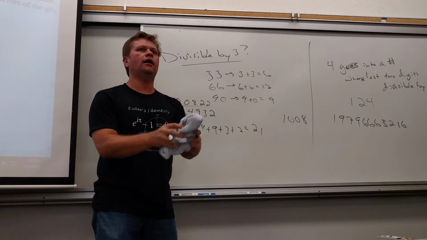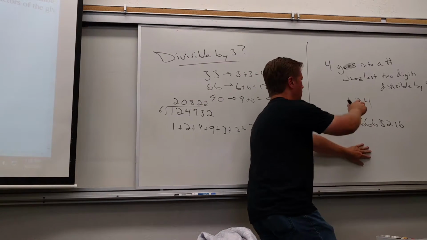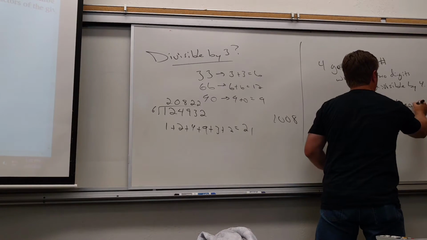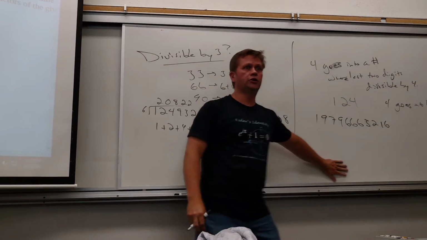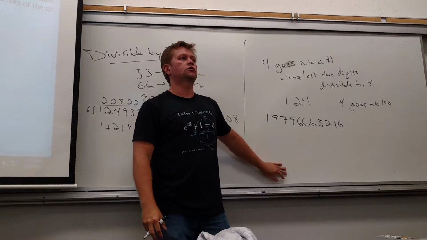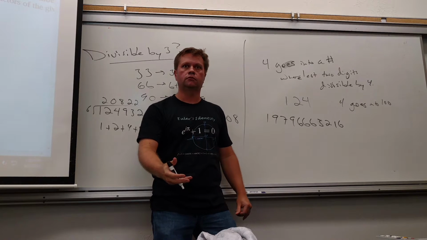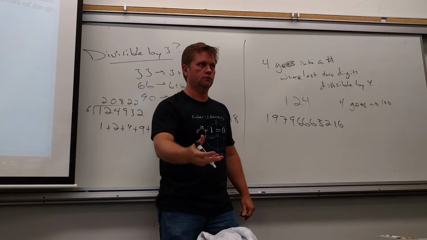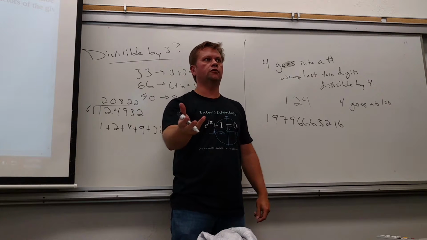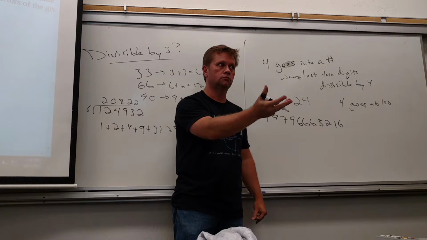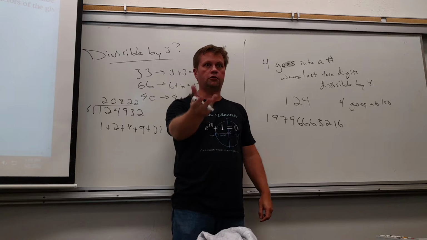But yeah, if you really think about it, is everybody cool with 4 goes into 100? So 4 goes into 104. 4 goes into 108. If 4 goes into 100, 4 goes into 200. If 4 goes into 100, 4 goes into 300.